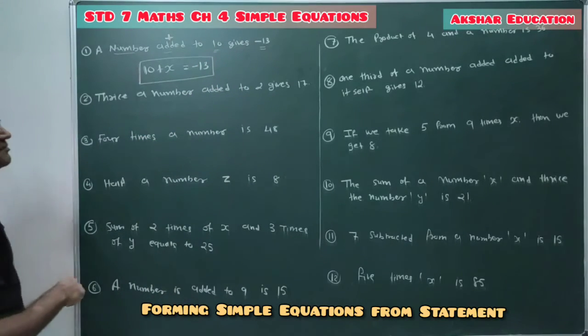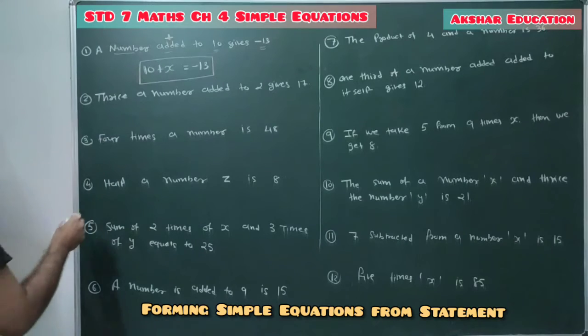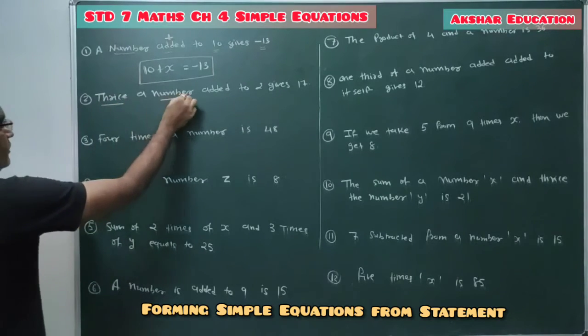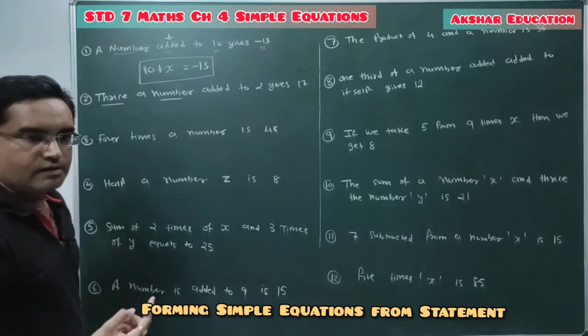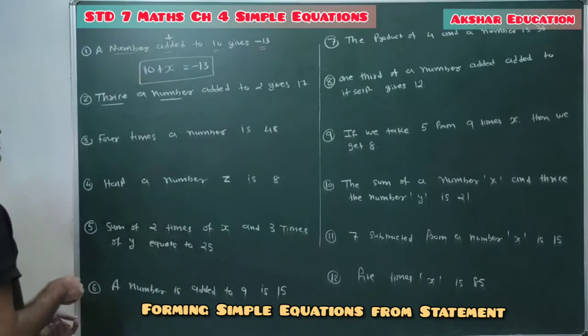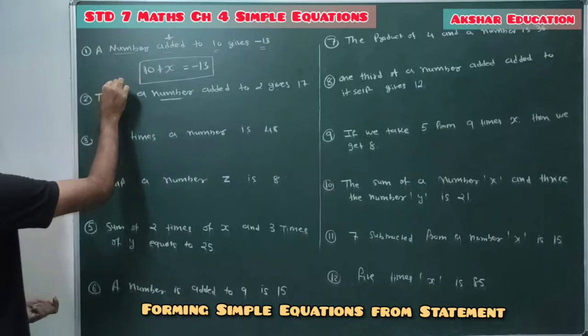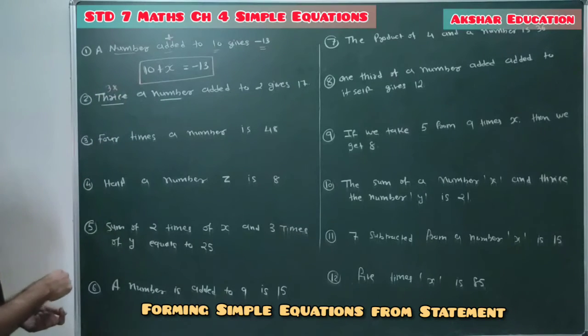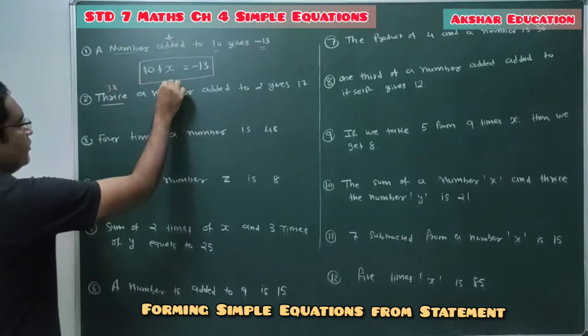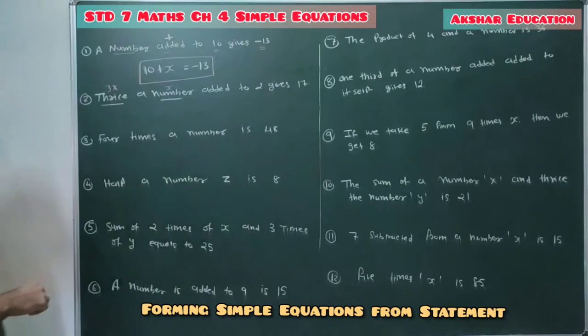Clear, students? Now next question, thrice a number is added to 2 gives us 17. Thrice means 3 times. So you have to consider 3 multiplied by a number, which is unknown, so we will assume let the number be x.